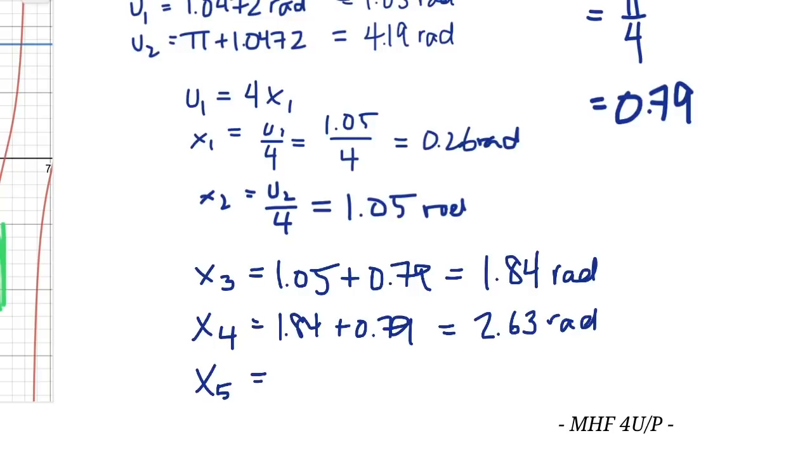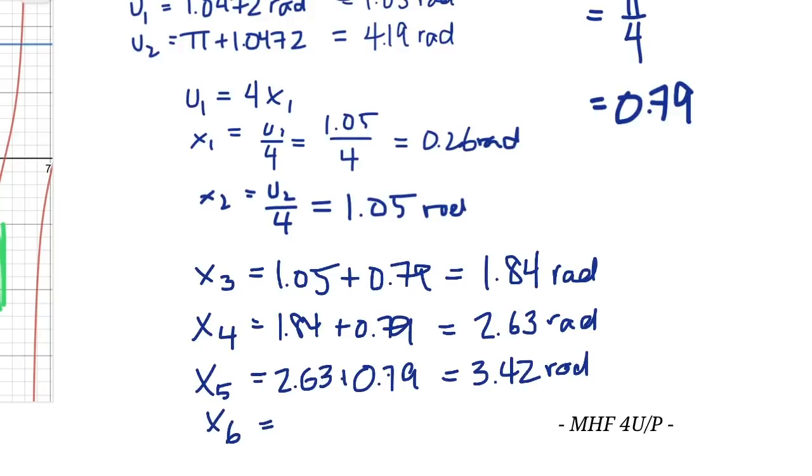If we add 0.79 again, 2.63 plus 0.79 gives us 3.42 radians. And we can keep on going. x6 is 3.42 plus 0.79, which is 4.21 radians.